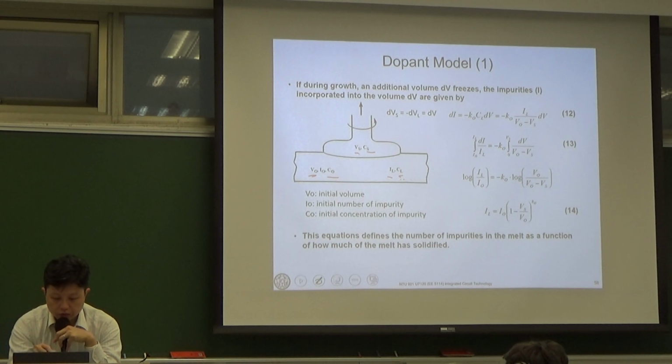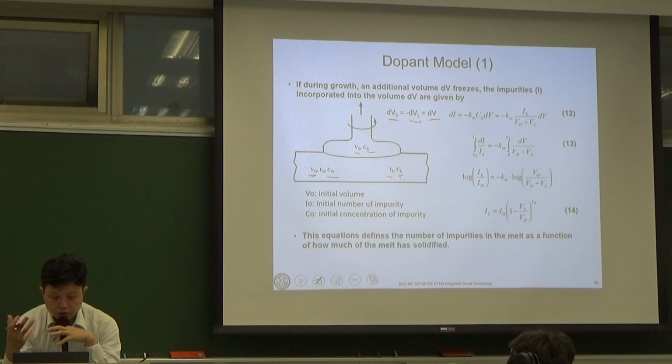So we will have dVs, the volume that increased in the solid at a certain amount of time, which will be the volume that decreased in the liquid, and we can define that as dV. That's the additional volume per time that freezes and turns to the solid state.